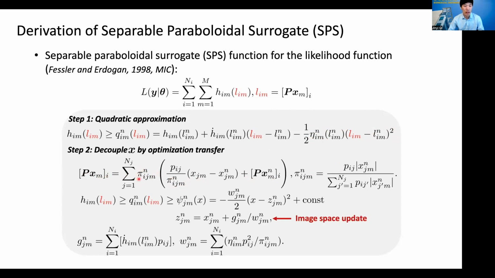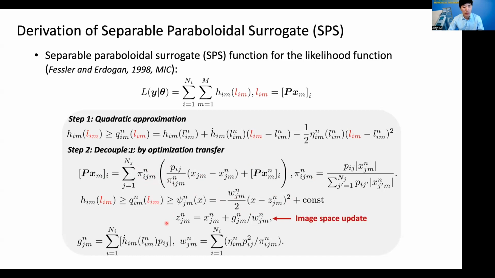This is just by design; there are multiple choices. Essentially, the summation of p i equals 1, so it's a weighted average of multiple components here. Then, using the convex property, we can get a new separable surrogate function for each voxel.